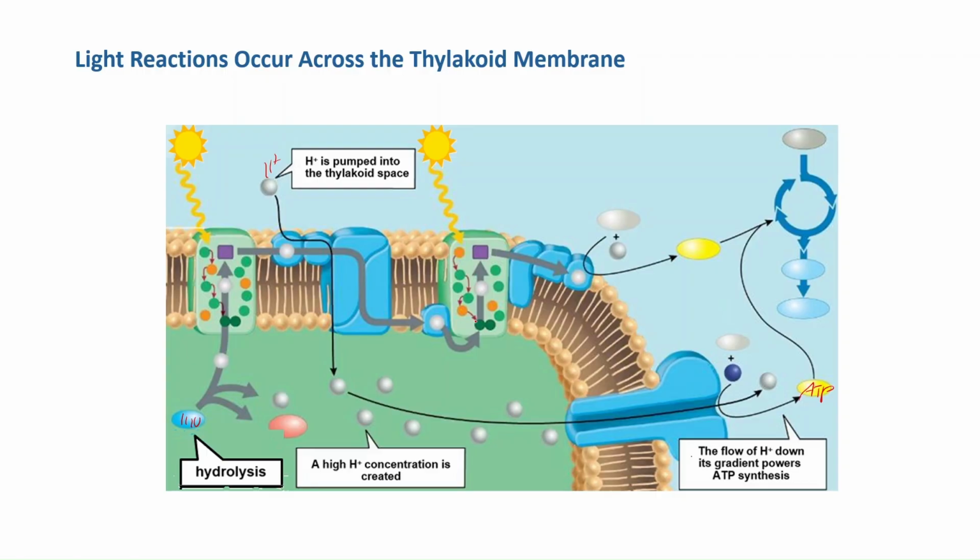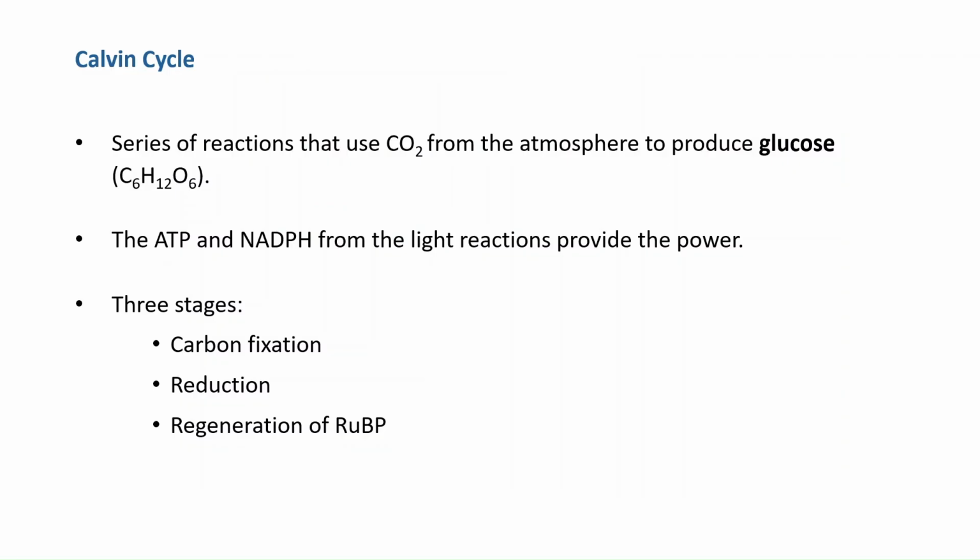The final electron acceptor is the chlorophyll of photosystem 1, because when light hits, photosystem 1 loses an electron, so it's been replaced with this electron, and now that electron is used to make NADPH, and the ATP and NADPH is going to go to the Calvin cycle to produce glucose. Takes carbon dioxide, makes glucose. So this is a very nice summary of what's going on in the cell.